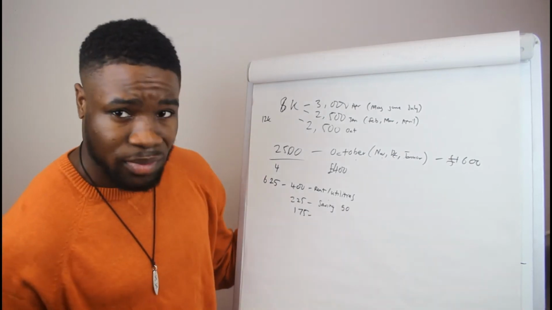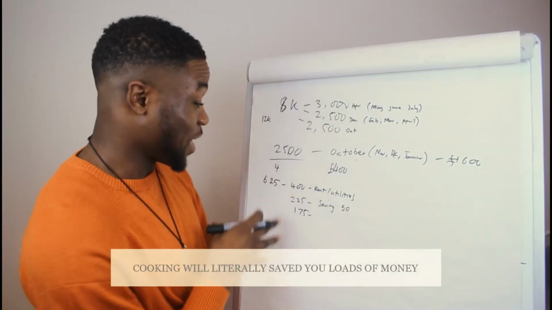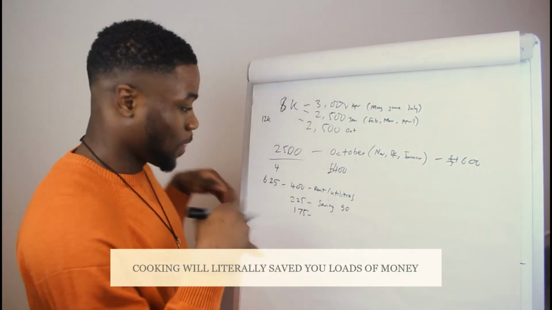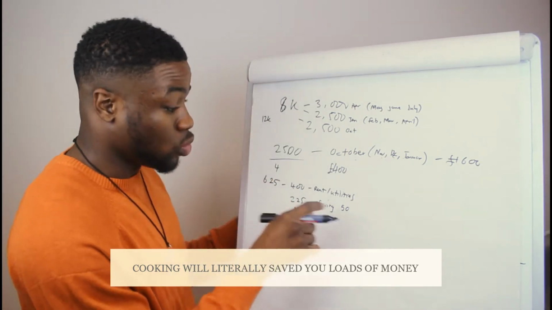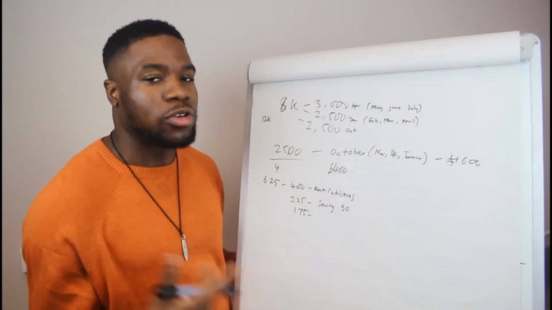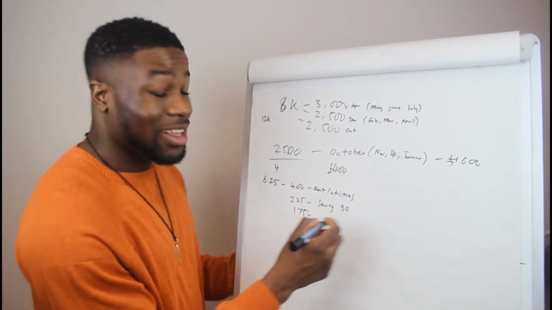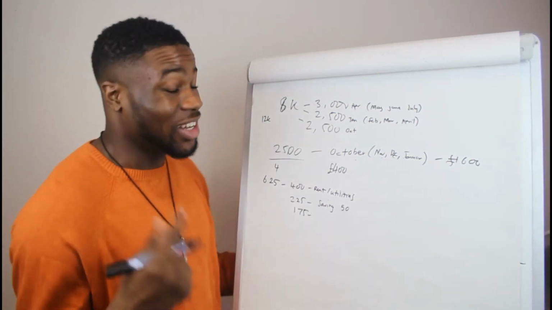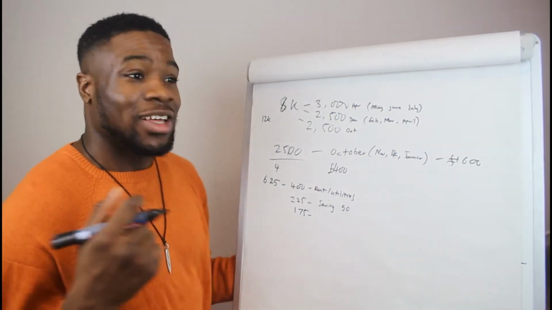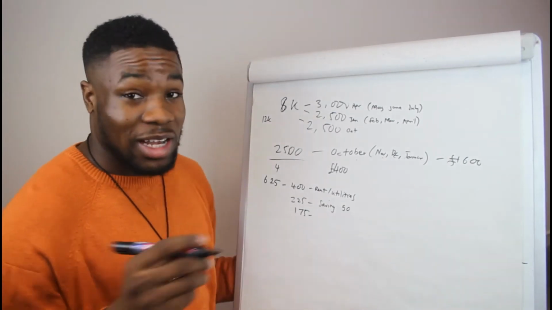Now, if you don't know how to cook, this is where it gets seriously mad, because you want to save regardless, because tomorrow something might still happen. Aldi is a student's best friend, Lidl is a student's best friend, Wowcher, Groupon.